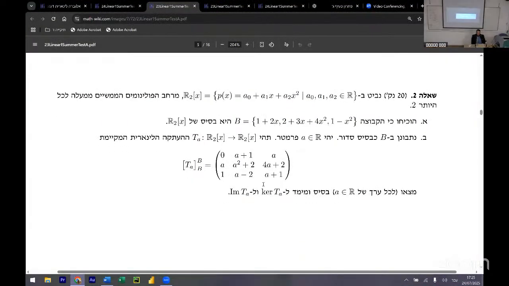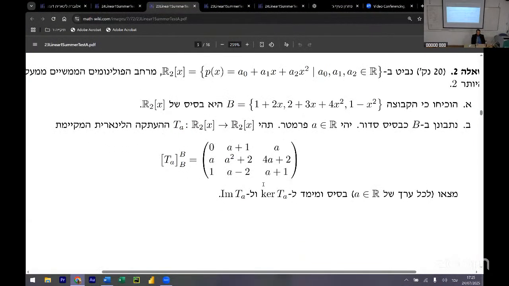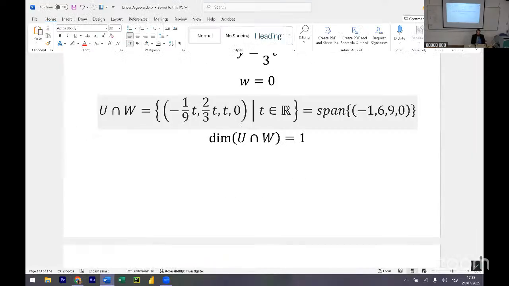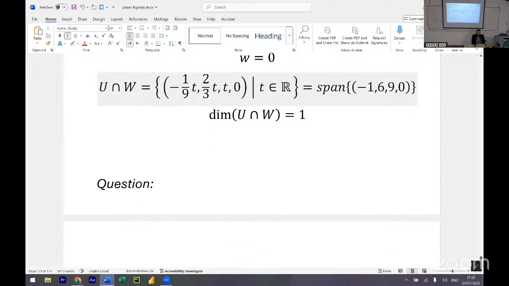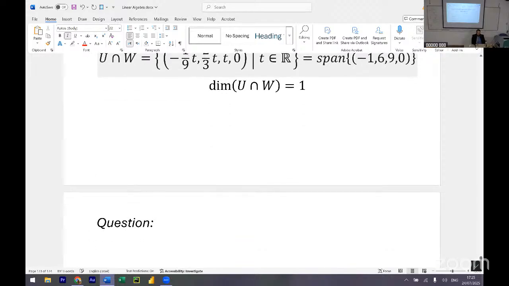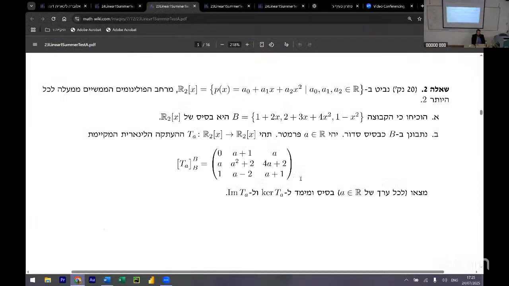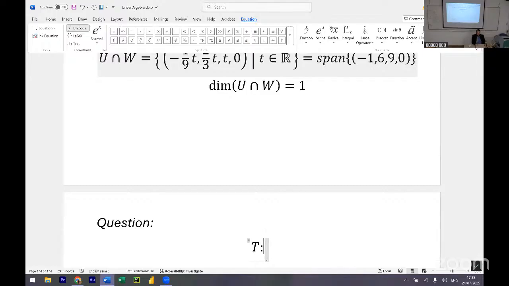I will write it and I'll do the translation. So, question as follows. T is a linear transformation from R^3 to R^3.